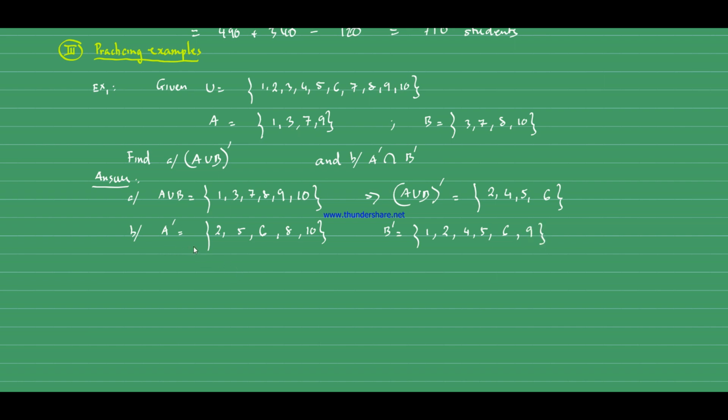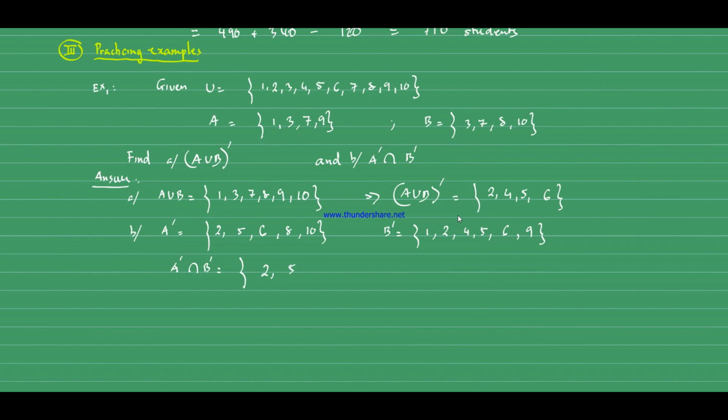Then we find the intersection between these two complements, something in common between these two complement sets. 2 is in common, 5 in common. Let me see.